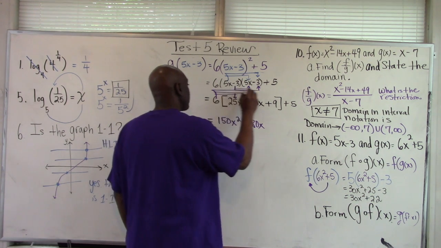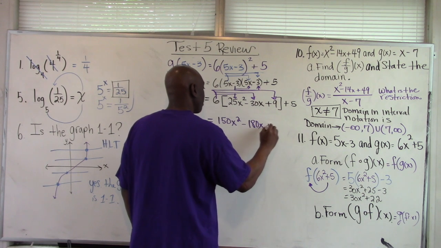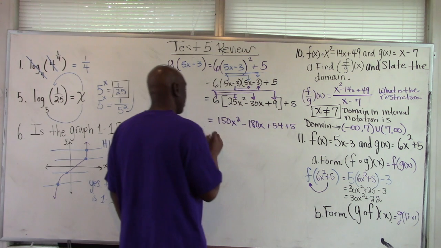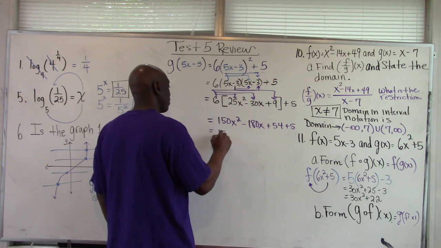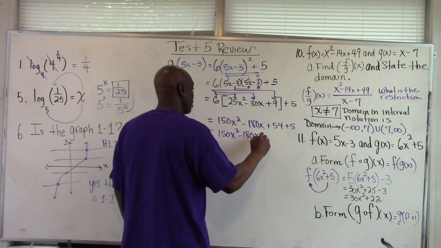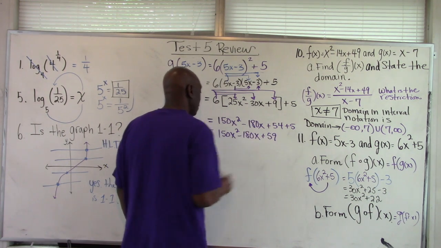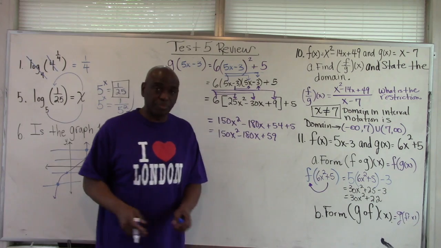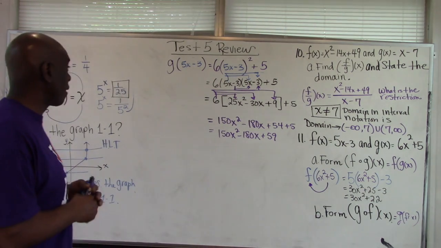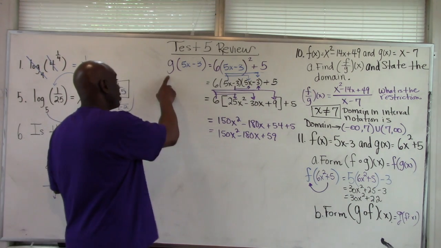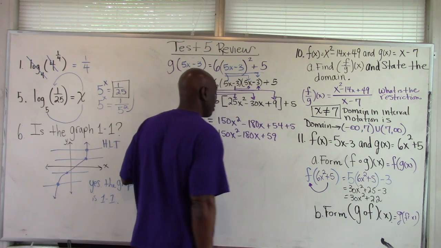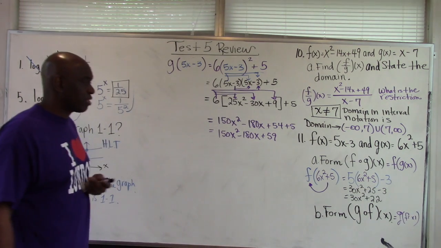And then 6 times 9, that's going to be plus 54, plus 5, which in essence is going to give us 150x squared minus 180x plus 59. Alright, there we go. That got it. So that's what g of 5x minus 3 equals. 150x squared minus 180x plus 59.